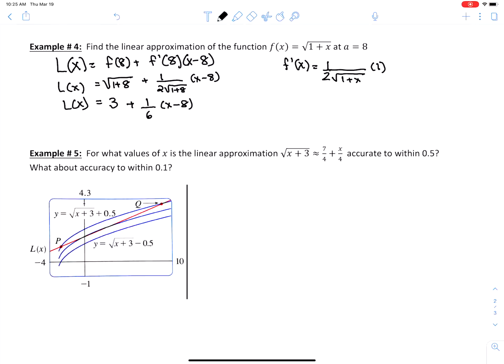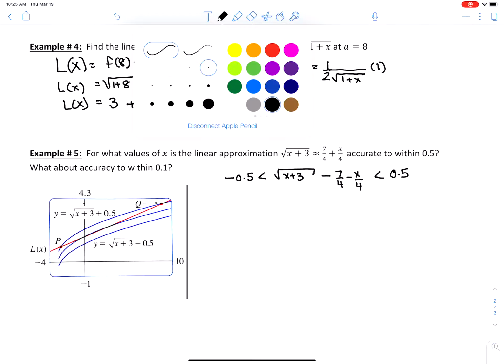So what we do is we say, okay, if I take the function minus my linear approximation, this needs to be within 0.5 units apart. So if I subtract the approximated value from the actual value, this needs to be 0.5 apart. And I want to solve for the x that actually does this for me.